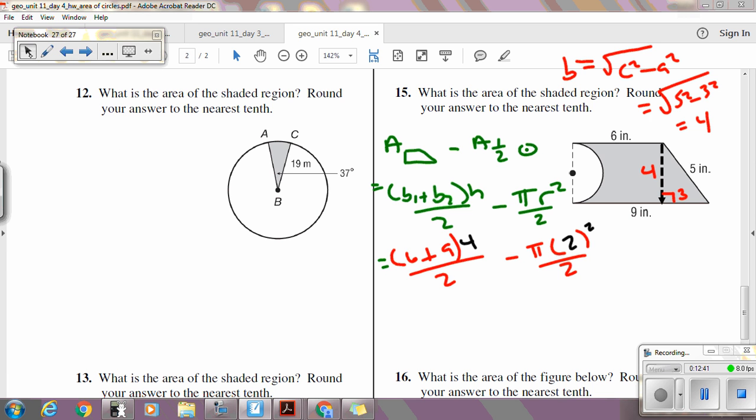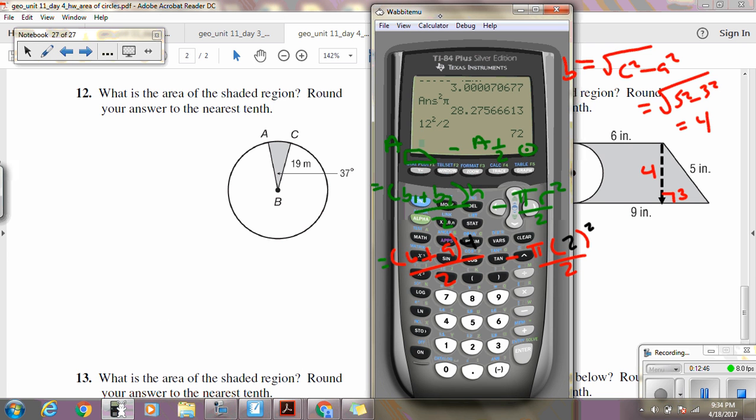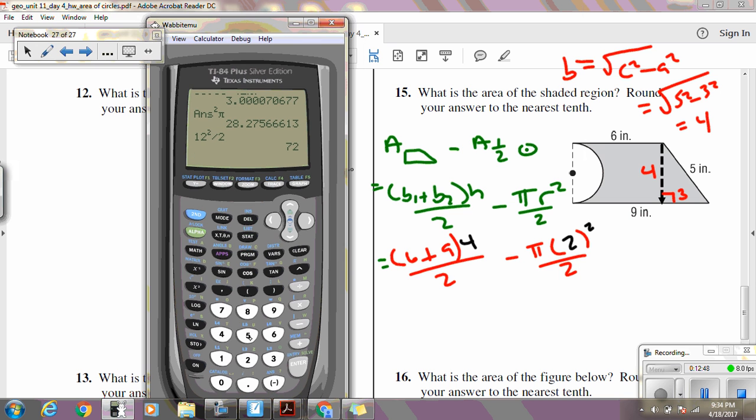And now I can grab the calculator, type it all in one step. On this one, I would probably use alpha y equals to make sure everything gets put in properly. So it would be 6. Sorry, we need parentheses. 6 plus 9, close your parentheses, times 4 over 2. Get out of that fraction.